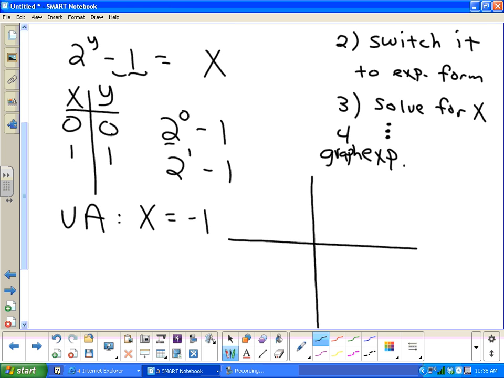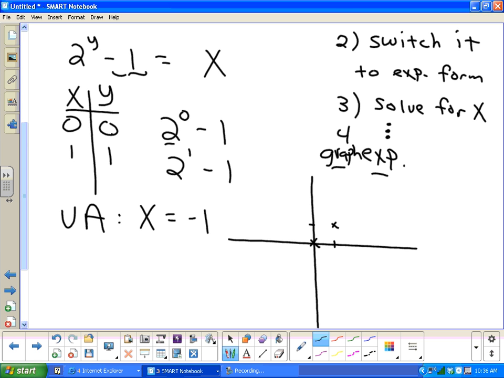All right, so we got 0, 0, and then 1, 1. Graph the exponent. So it just goes back to what we started with at the very beginning of the lesson. Okay.